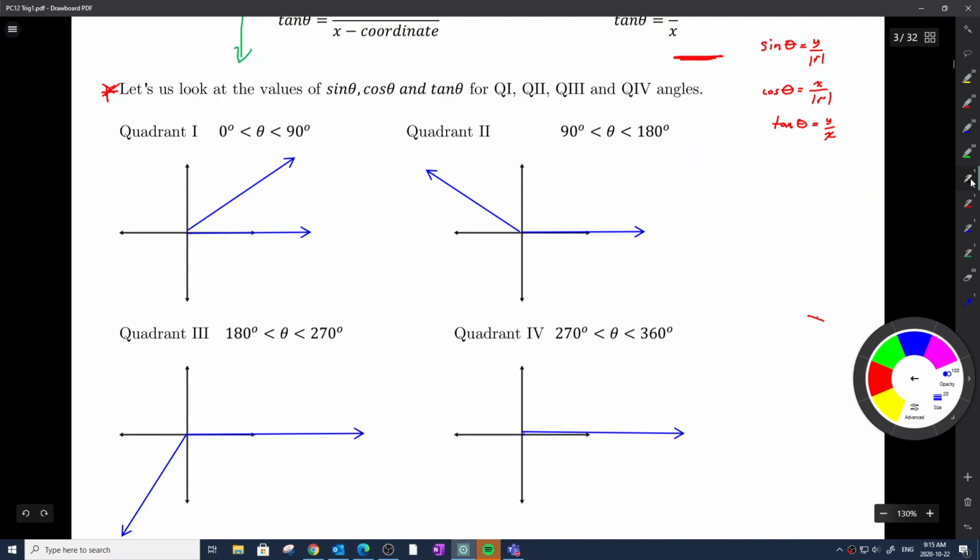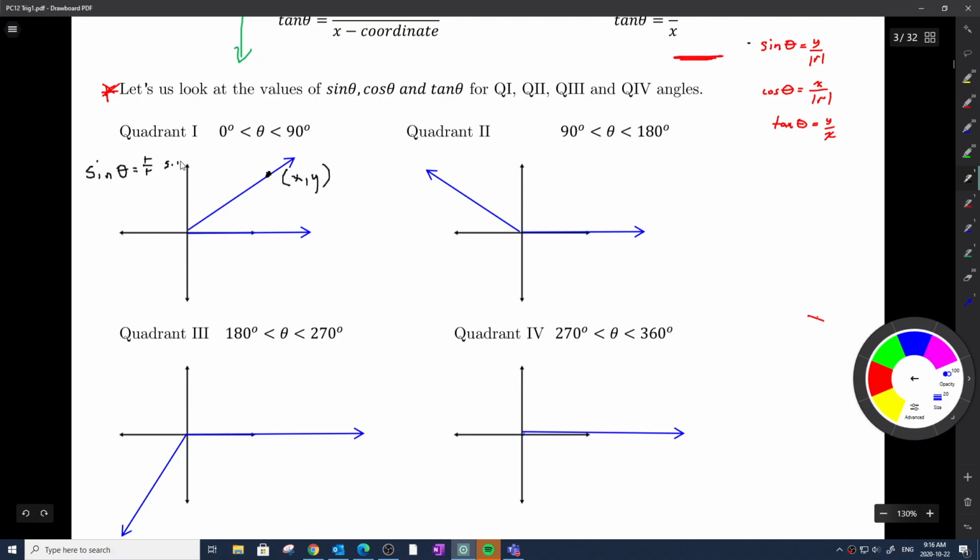So allow me to pick a point in quadrant 1. Now here's a point, and this point I'm going to say is x, y. Sine theta in quadrant 1, using our definition, the y is positive, and my radius vector r, the distance from the origin to that point, is positive.